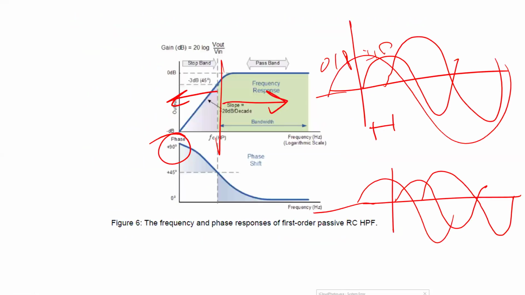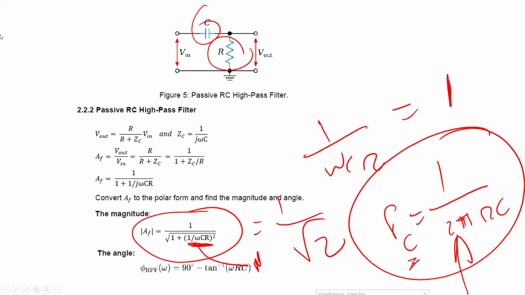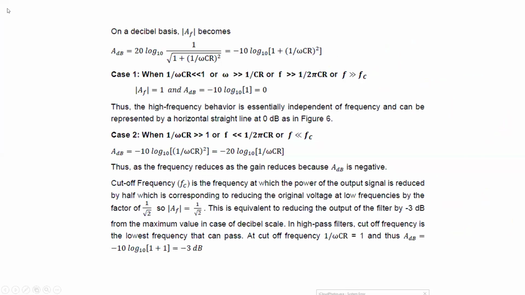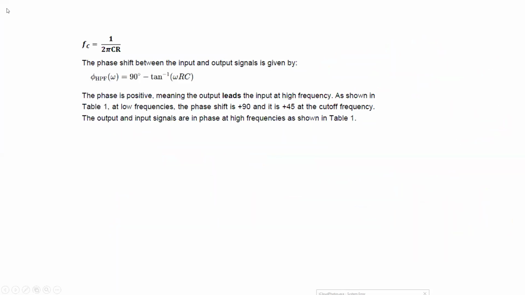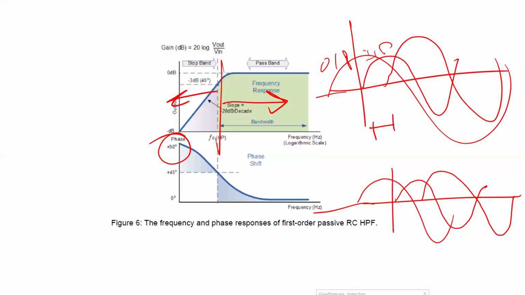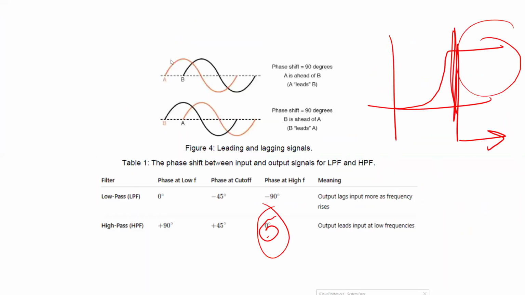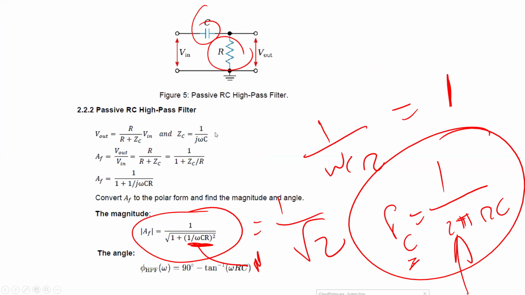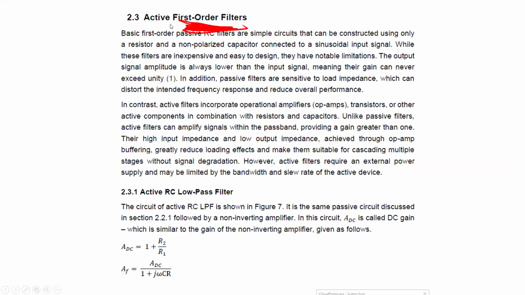So everything I explain now is first order. But what I explained right now, we call it passive. So here, this circuit is passive for the high pass filter. The other one is also passive. Now I'm gonna move to active. What do you mean by active, and why is it interesting? I'm going to show you. Look here, guys.